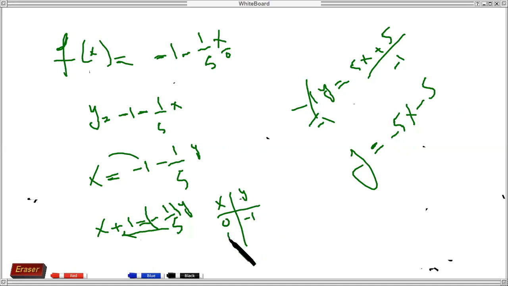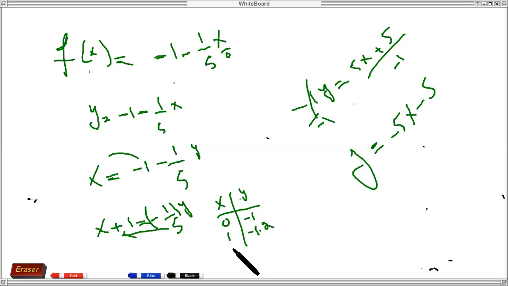Same if you give 1: 1 multiplied with 1 over 5 is 1 over 5, minus 1 over 5, equal to minus 6 over 5, which is minus 1.2.